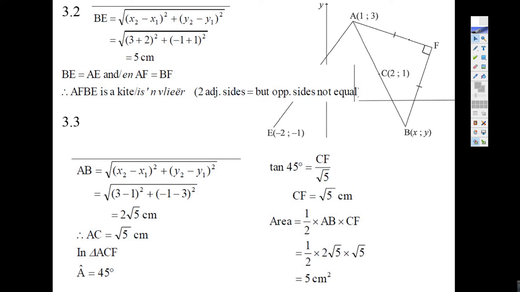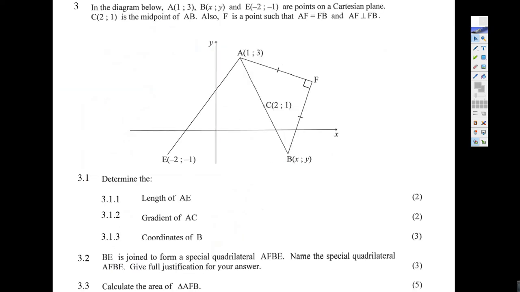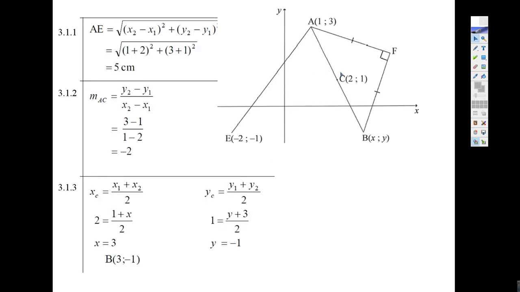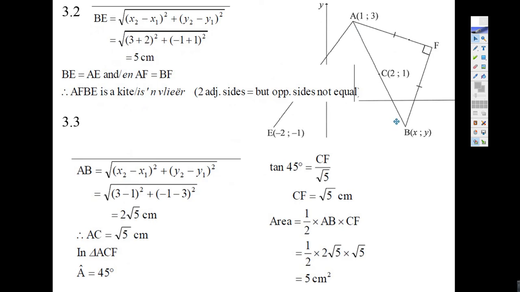Okay. Now the last question. Let's see what they're asking again. Calculate the area of this triangle, ABF. Well, what you do first is calculate the base, AB, and just put in the numbers.